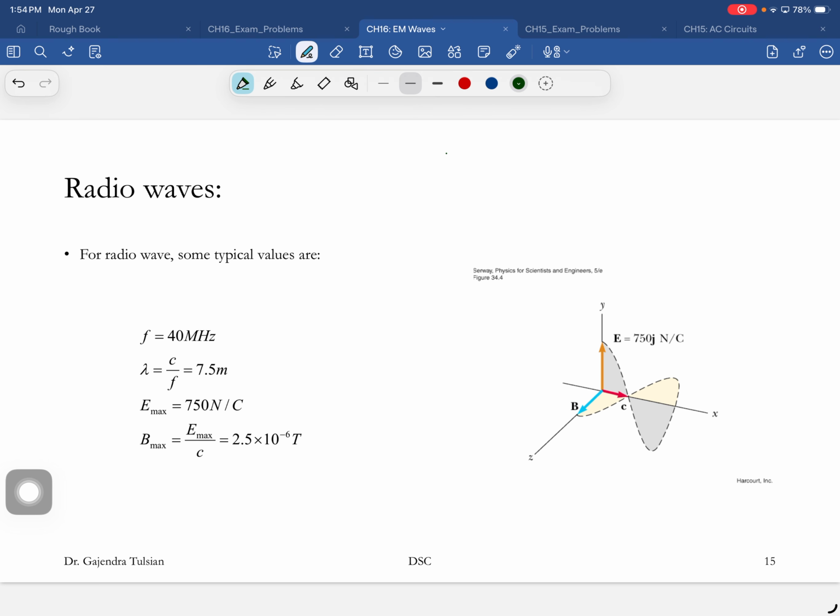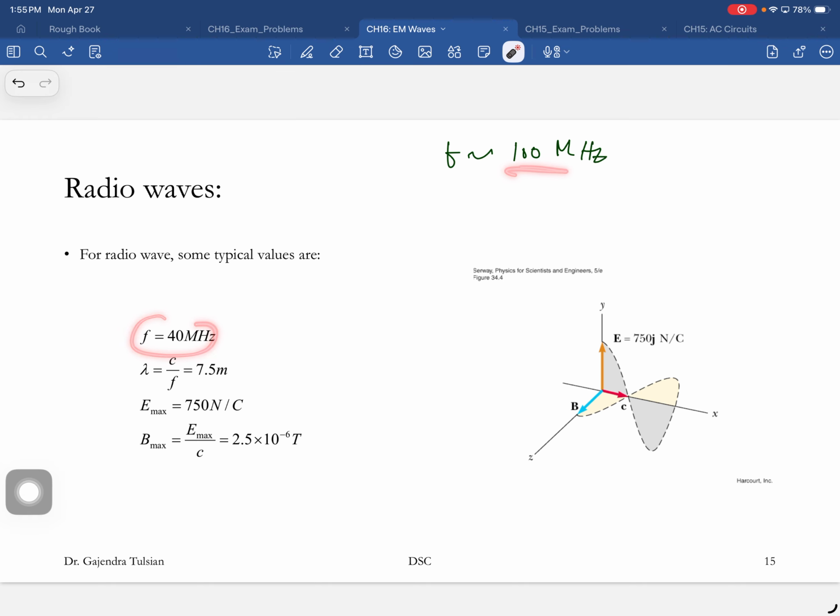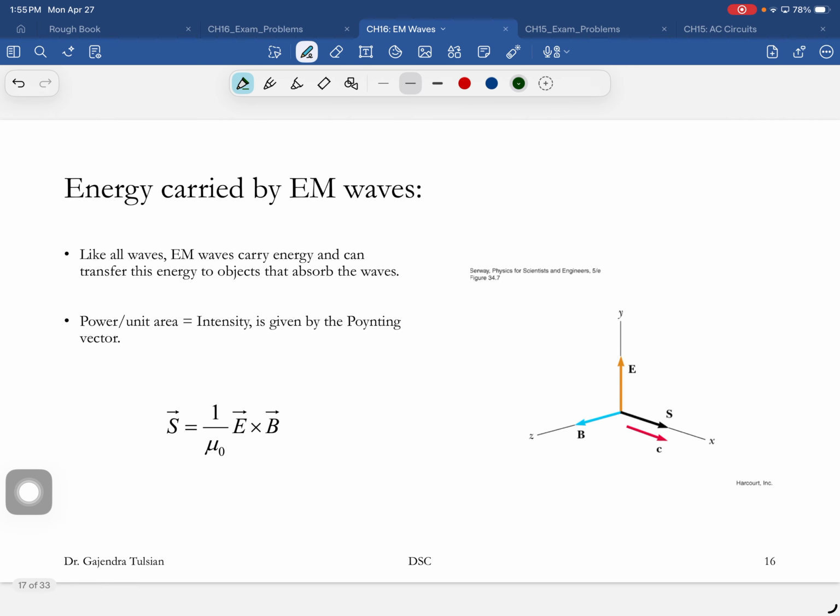Now if you think of a pencil of length c, it will pass through in 1 second. So the intensity is given by the speed of light times the average energy per unit volume.